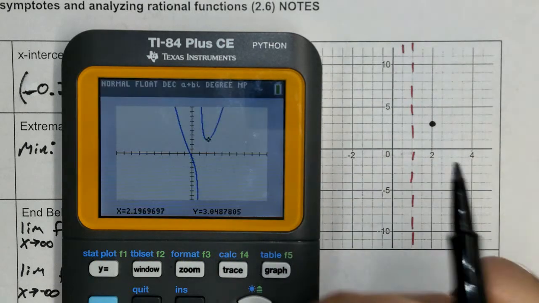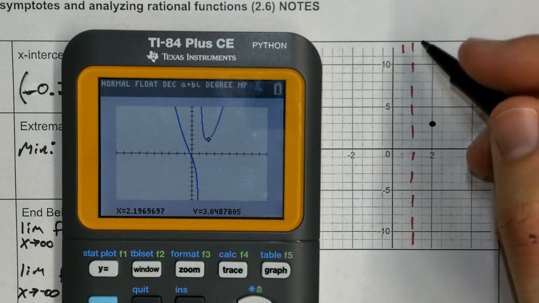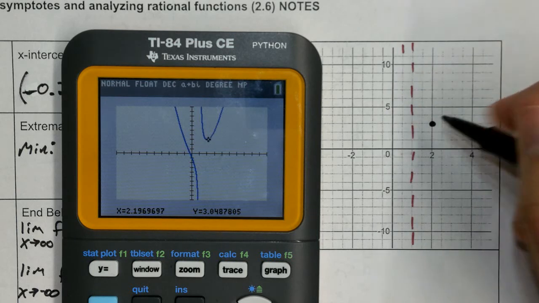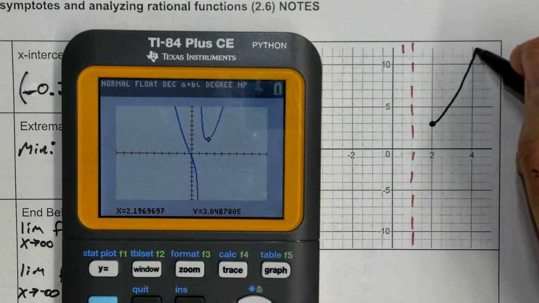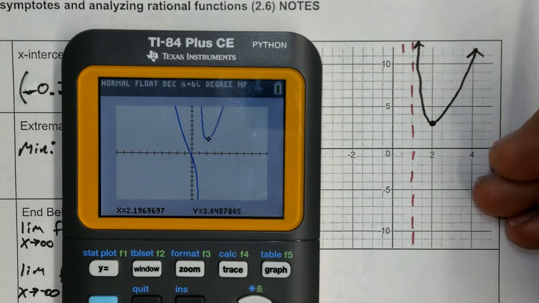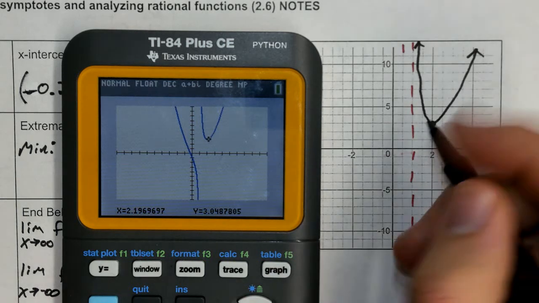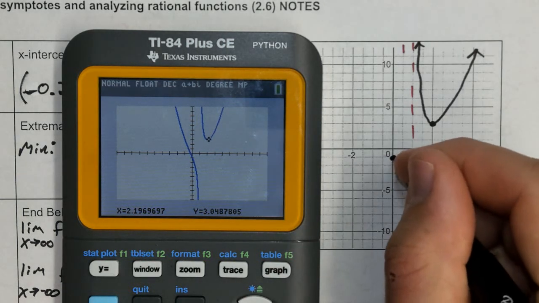And then, guys, I'm not super picky about plotting a bunch of points. I want the general behavior of the graph, and so if you got the minimum down there, you know that the curve goes up like this and comes up like this close to the vertical asymptote there. That's fine. If you want to plot more points from your table, then you can. I know the y-intercept is at 0, negative 1, so I'll plot that.